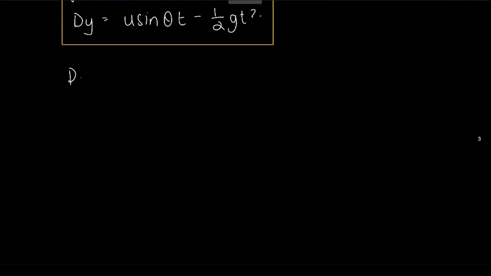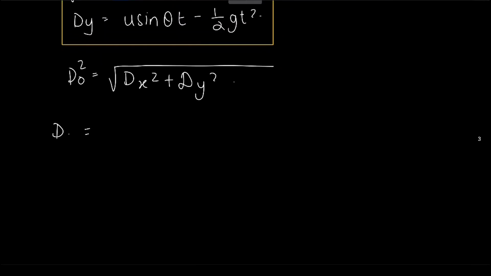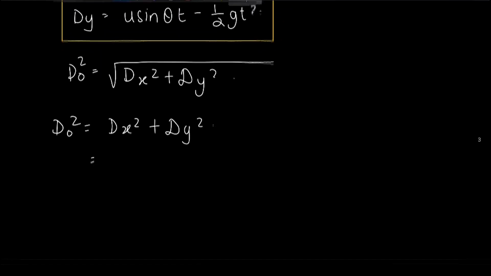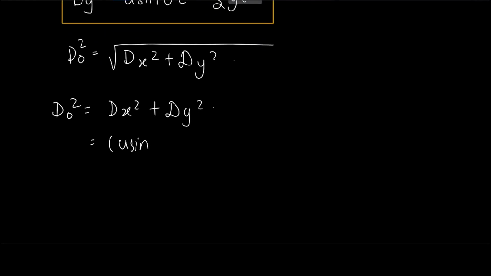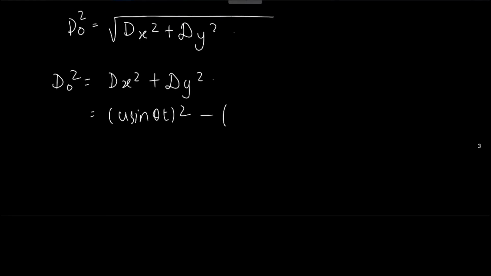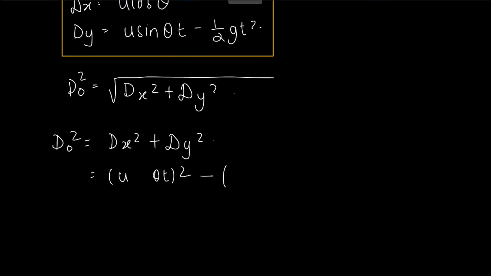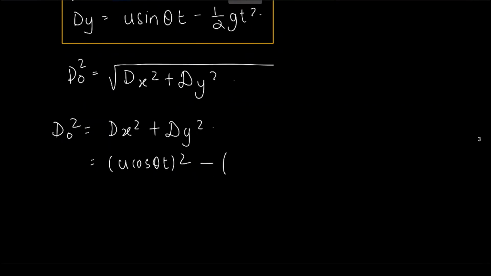So the distance from the origin can be written as dx squared plus dy squared. Let's just square both sides. We're going to treat it as distance from origin squared is just going to be dx squared plus dy squared, which equals u cos theta t squared plus u sin theta t minus half g t squared, whole squared.